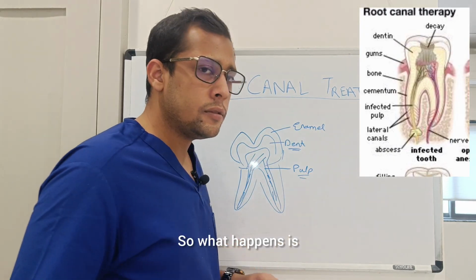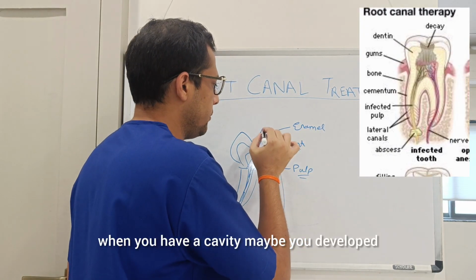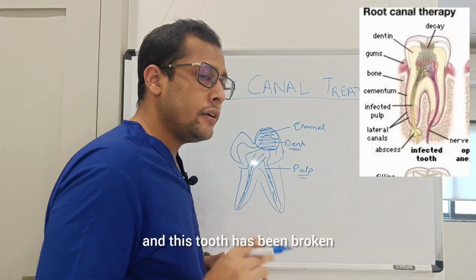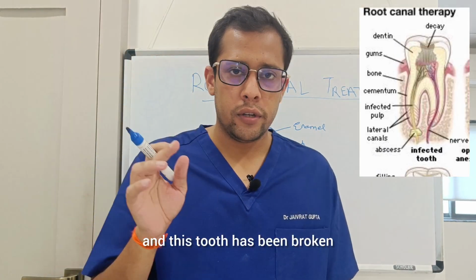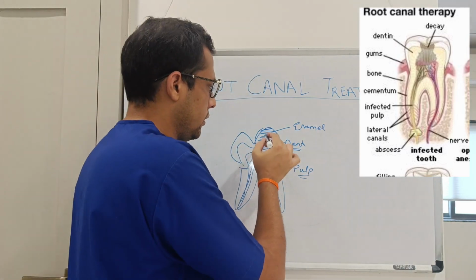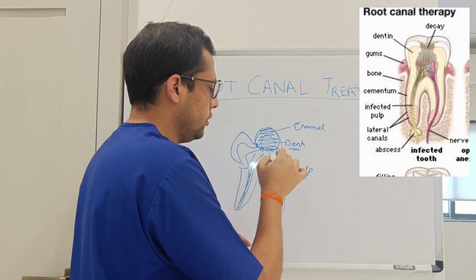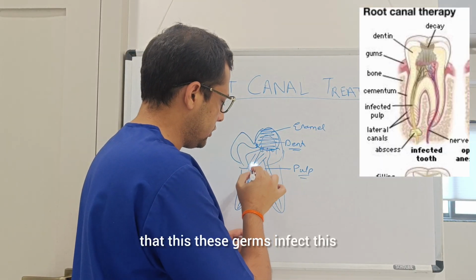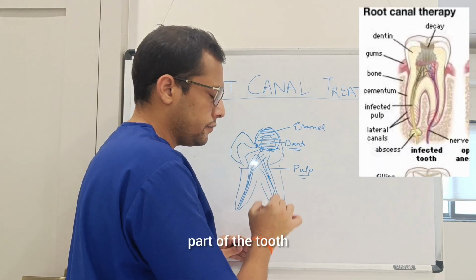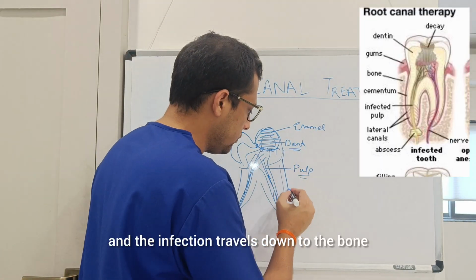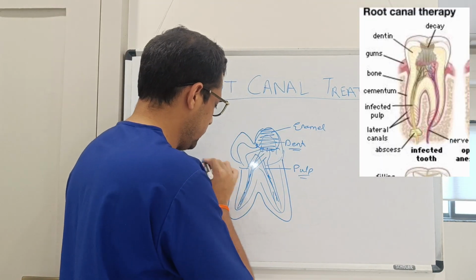So what happens is, when you have a cavity, maybe you developed a cavity on this part of the tooth, and this tooth has been broken and you have a cavity inside the tooth and there are germs over here. These germs infect the pulp, and the infection travels down to the bone.